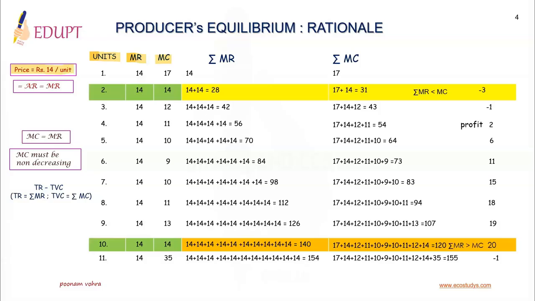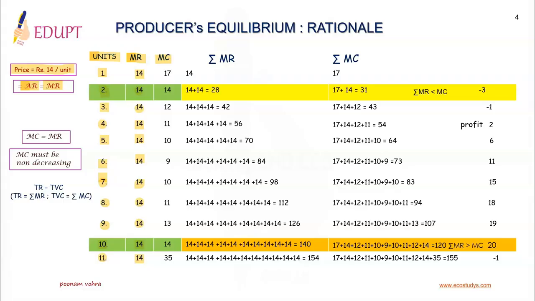If price remains the same, it implies that average revenue, which is also termed as price, and marginal revenue will also be the same. Units produced and sold vary from 1 till 11 units. Marginal revenue is the same, which is 14, at each level of output produced and sold.